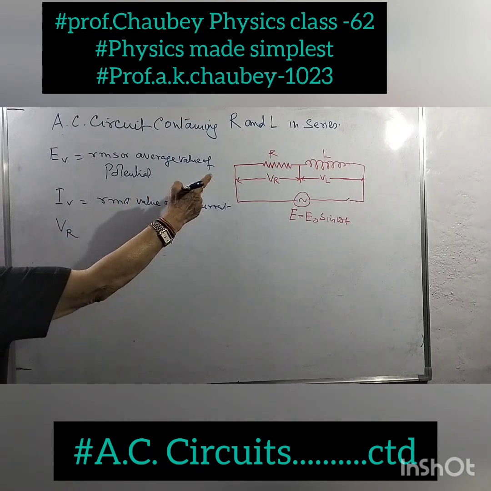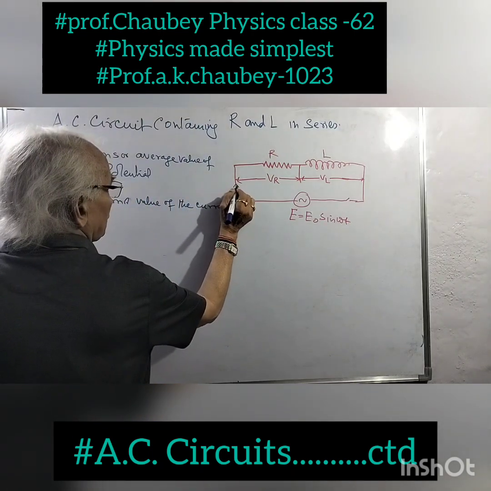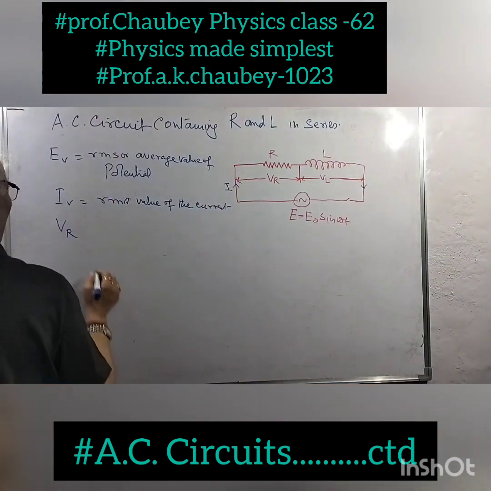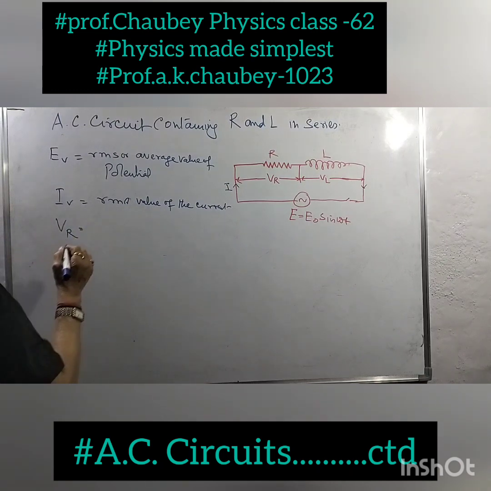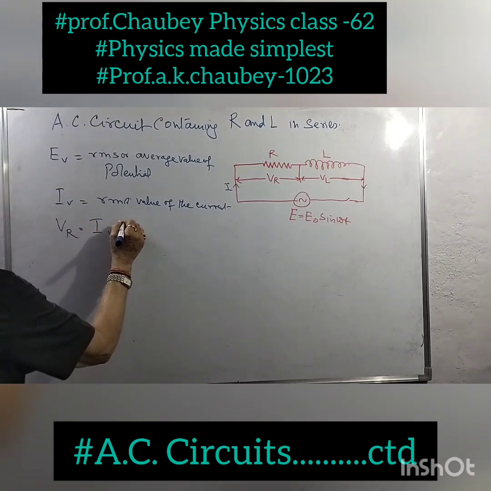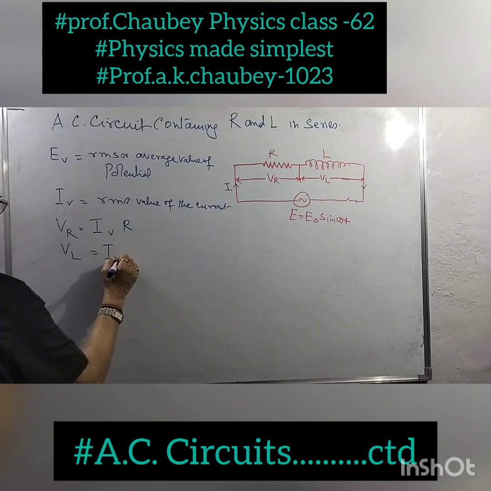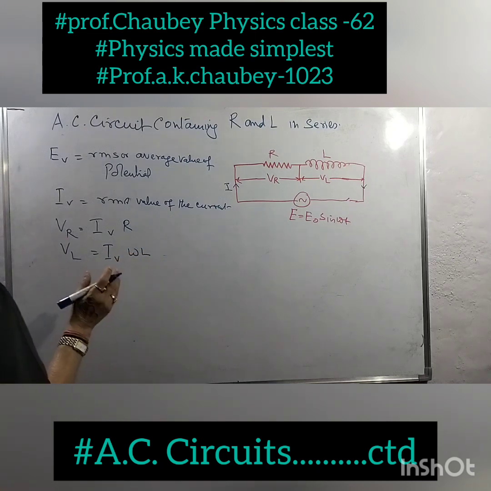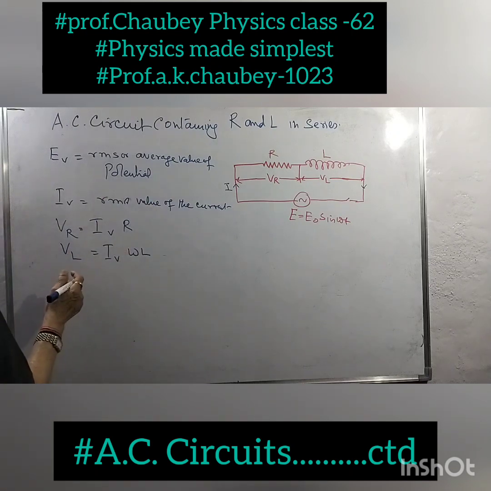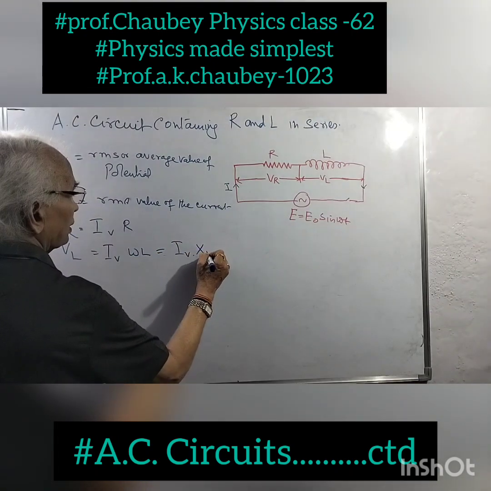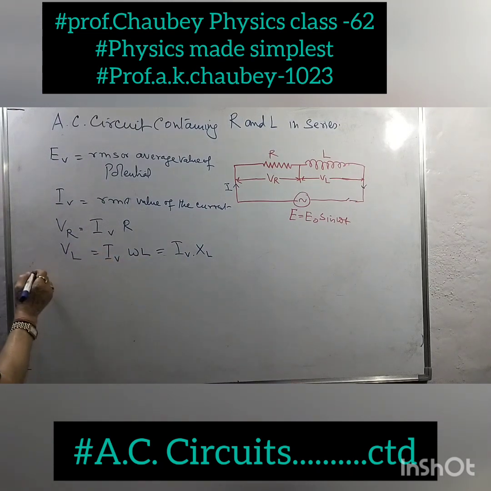VR is the potential drop across the resistance, where I is the current in the circuit. So VR is IV into R, and VL is IV into omega L. Omega L is the inductive reactance, that is the resistance of the inductance. We also write IV into XL. XL is omega L.